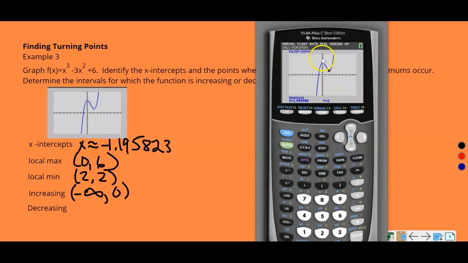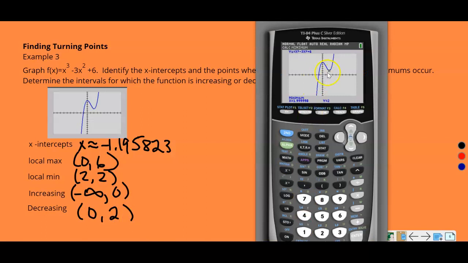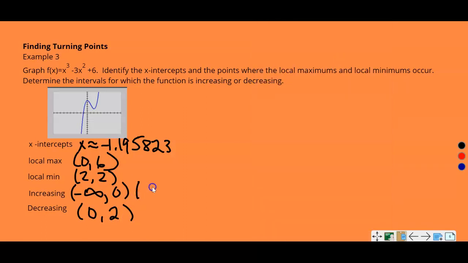And then it's decreasing from here to here. So that's going to be from 0 to 2. So it's decreasing from 0 to 2. And then it's going to be increasing again after that point. So from 2 to infinity.